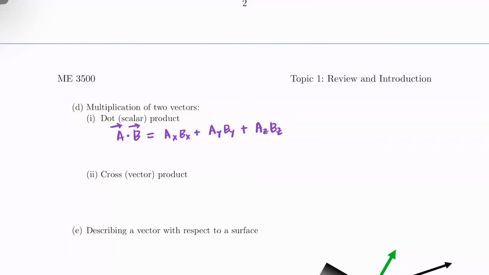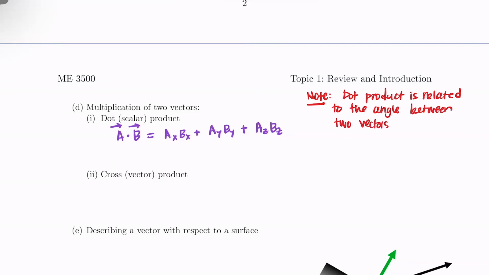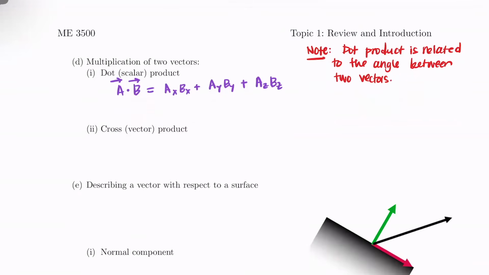Also, a small note. The dot product is related to the angle between two vectors. Hopefully you remember this, even if it was a long time ago that you last saw it.